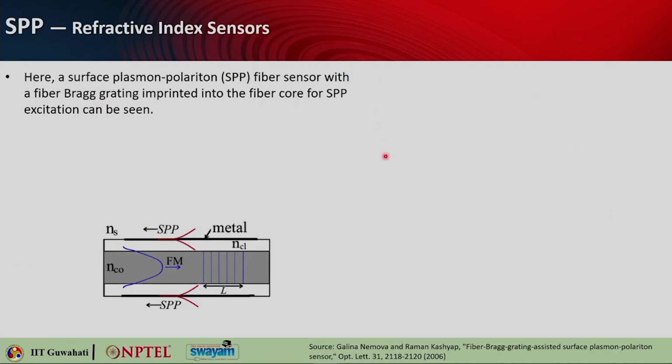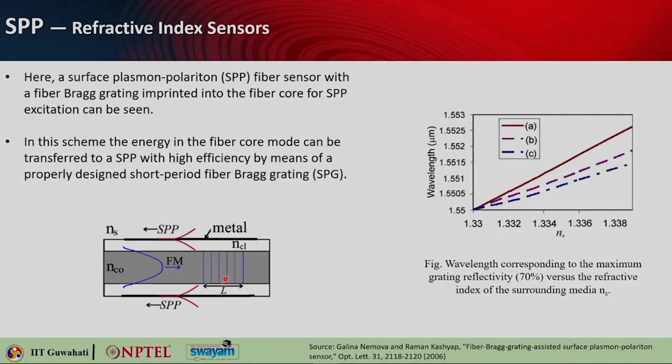There can be other types of refractive index sensor as well using SPPs. Here is a surface plasmon polariton fiber sensor with a fiber Bragg grating imprinted on the fiber core for SPP excitation. This is a typical fiber, as you can see, this is the core, this is the cladding, and this is the substrate, that is the surrounding media NS. There is a short period fiber Bragg grating, as you see, of length L. What it will do is reflect a specific wavelength.